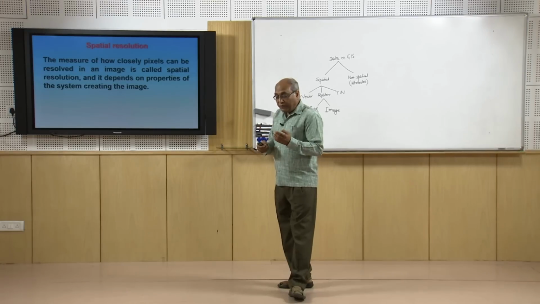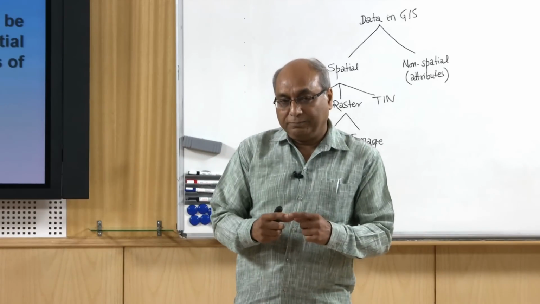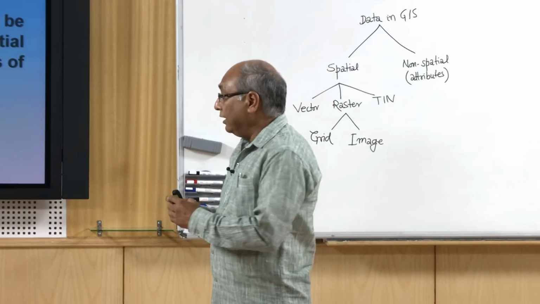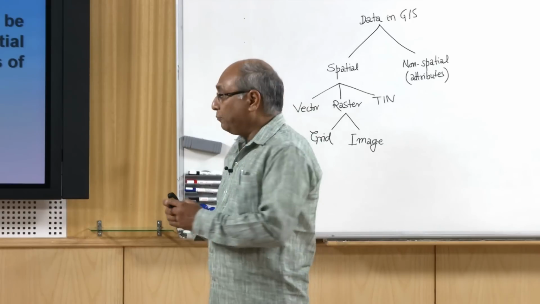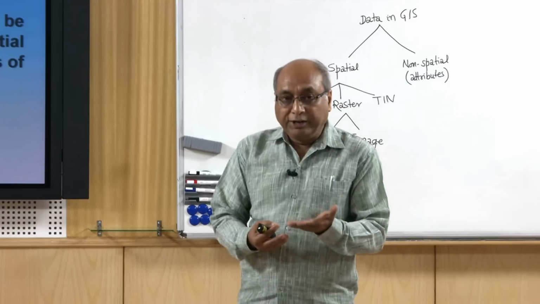What does it mean? If there are two neighboring pixels having very contrasting properties, they might appear separately at a particular scale.